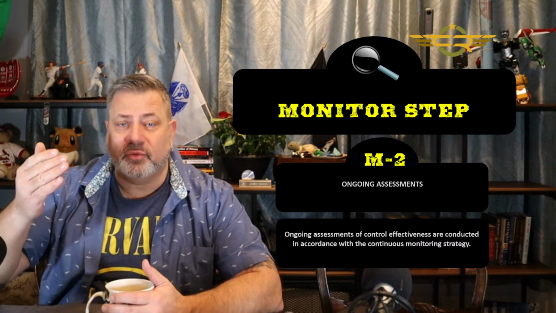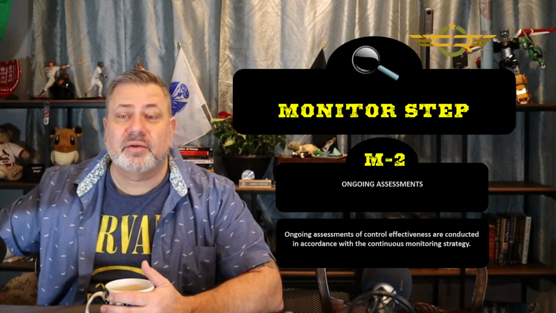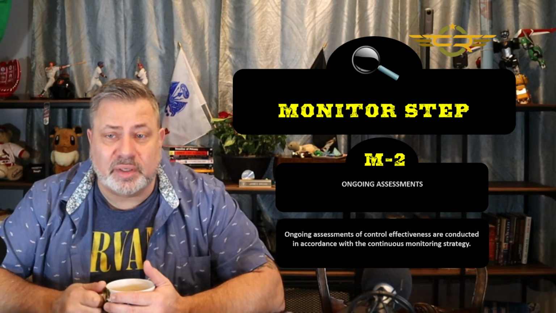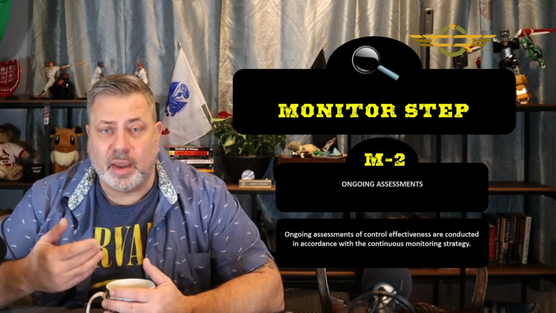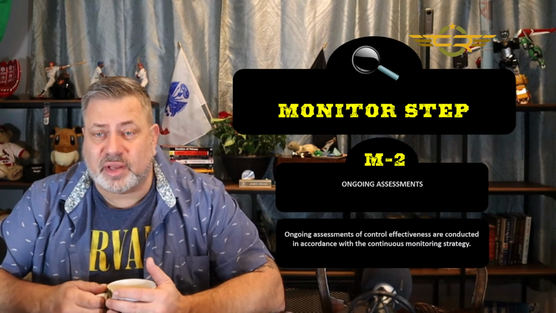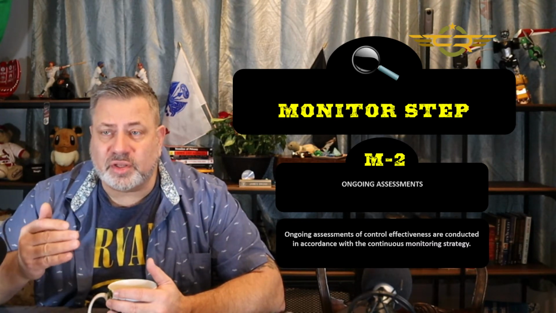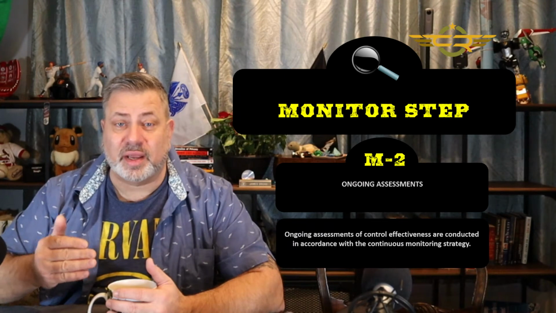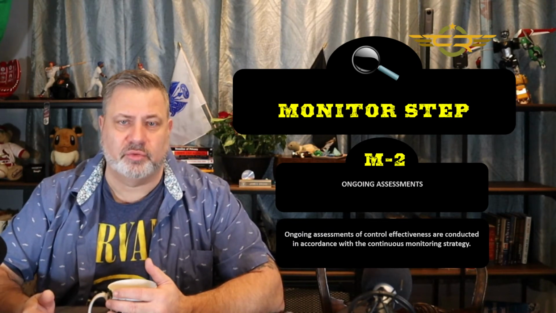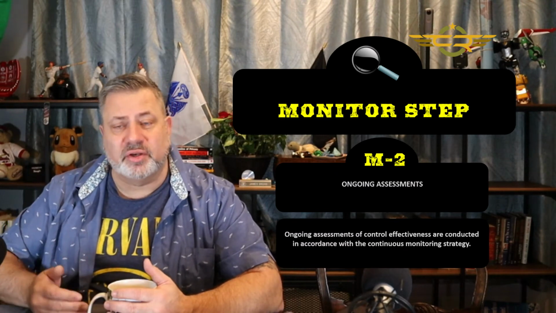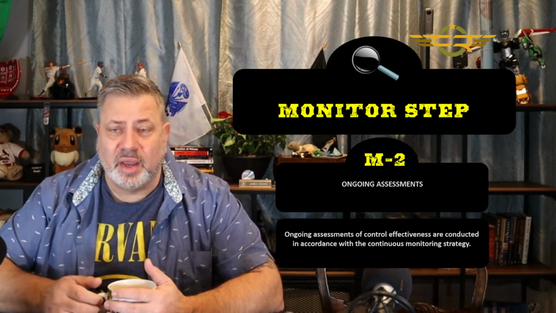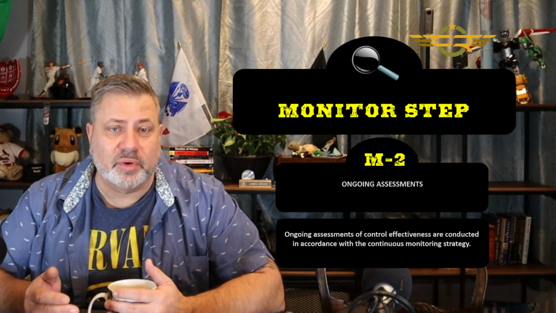If you don't remember, when we get to the part about building this monitoring strategy, when we go to the deep dive into these tasks, you'll see that you build a strategy based on timelines. So every day we're going to do certain things. Every week we're going to do certain things. Every month, every quarter, every year, every 2 years, 3 years, 5 years, and ongoing near real time we're going to do things.